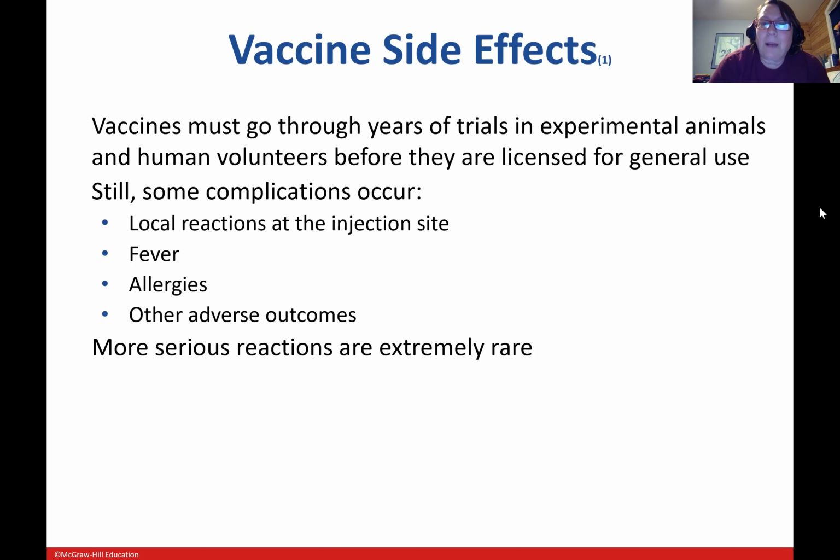Typically, the complications that are recognized as part of vaccines are local reactions. You might get a huge red welt because you have some kind of localized allergic reaction. You can have fever. You can get, like I say, an allergic reaction that may be more systemic. But most of those serious reactions are pretty rare.